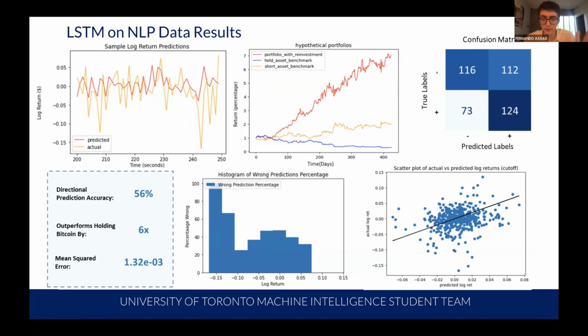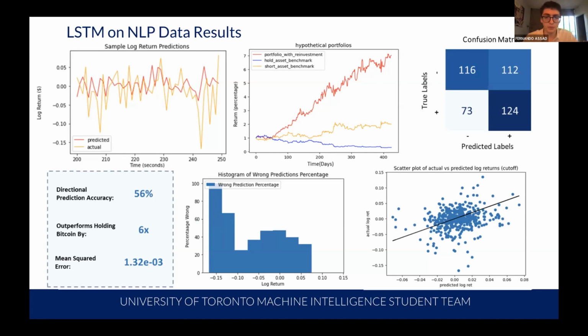First thing is, as you can see, the quality in general of these results is a little bit lower compared to the market data ones, because we're not using any information about how Bitcoin is varying. We're only using sentiment for the market. So sometimes, for instance, in the bottom center plot, we have a log return that is actually very negative and we predicted wrong.